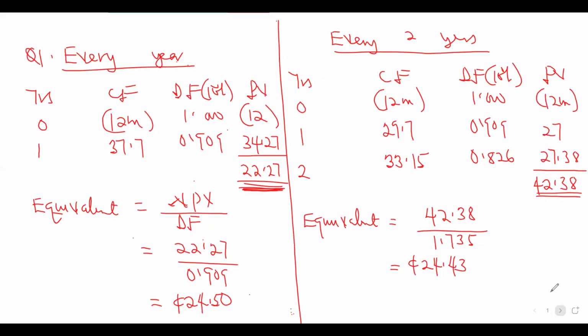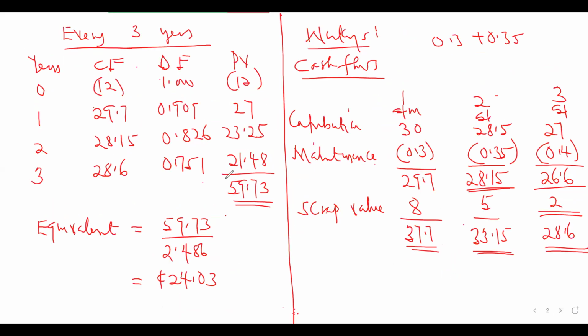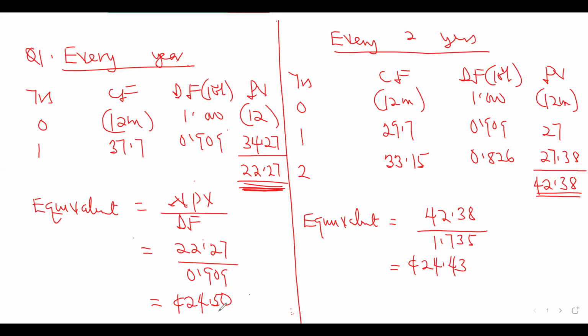That is based on the benefit that you are going to get from usage, and then it will be 3 years. But we want to talk about how often we should replace. If you are replacing every year, the benefit per the discount factor is 24.50.